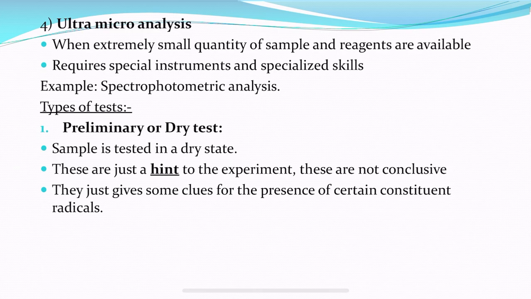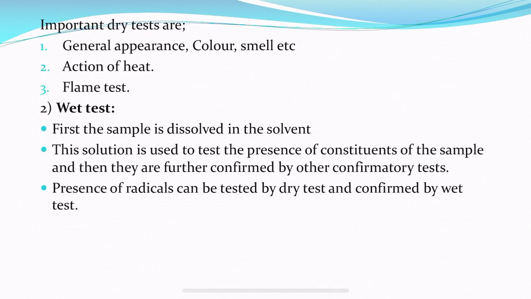The important clues we get from these preliminary or dry tests will be used to find out certain radicals, and little time should be spent on these tests in the actual progress of the analysis.